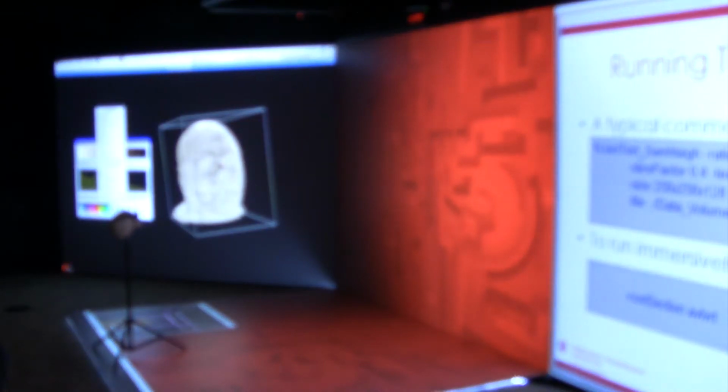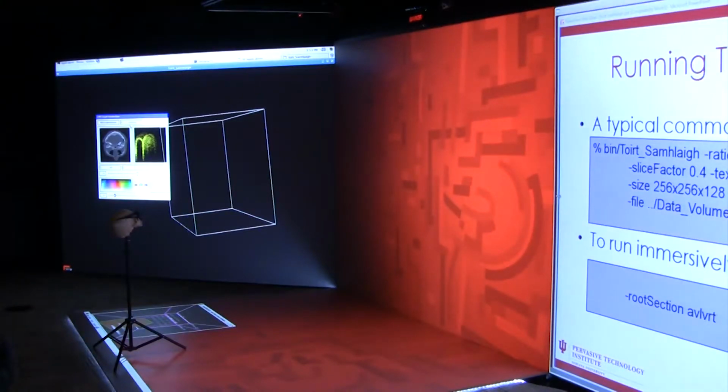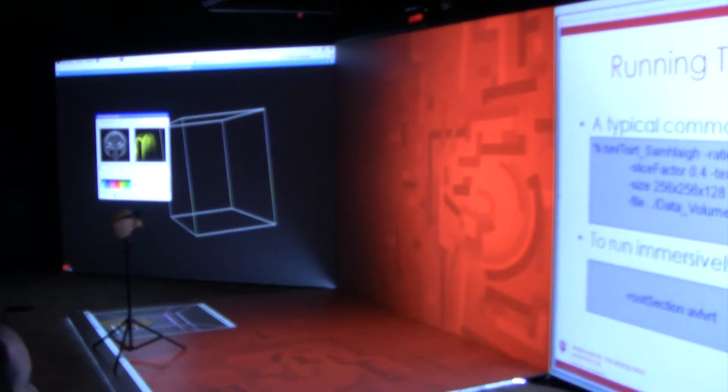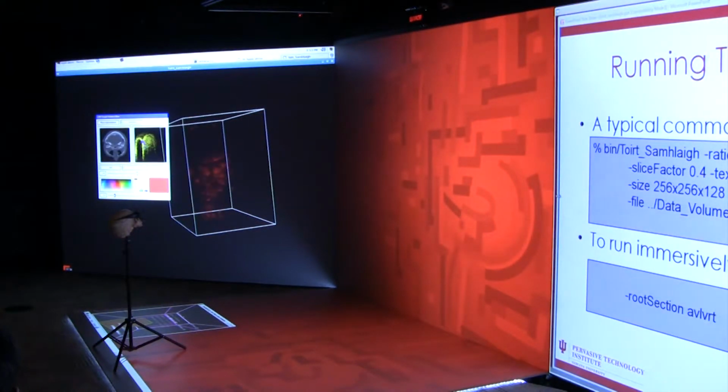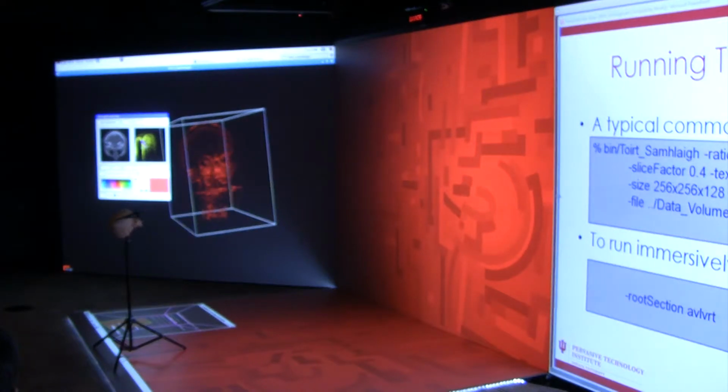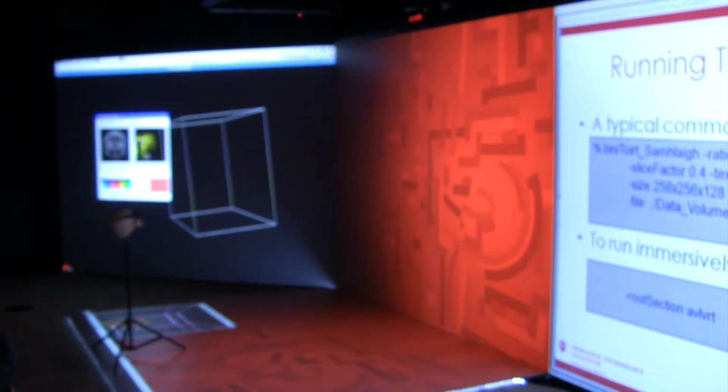But if I switch to the 2.5D transfer function editor, put it in interactive mode, oops. Whoops, there I missed actually with the mouse. And we can scout through the data.